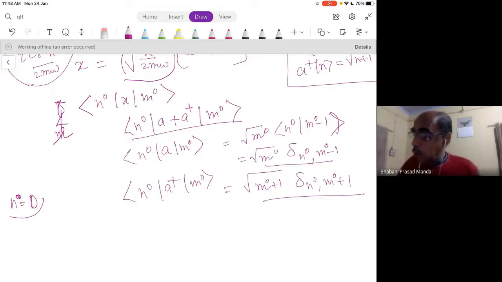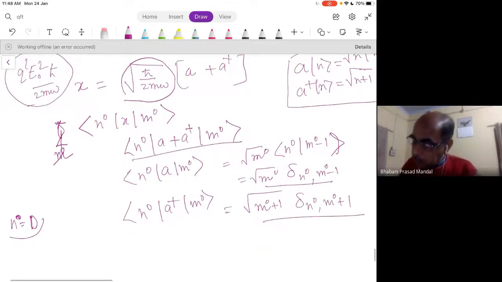Now you can calculate the correction to the ground state.